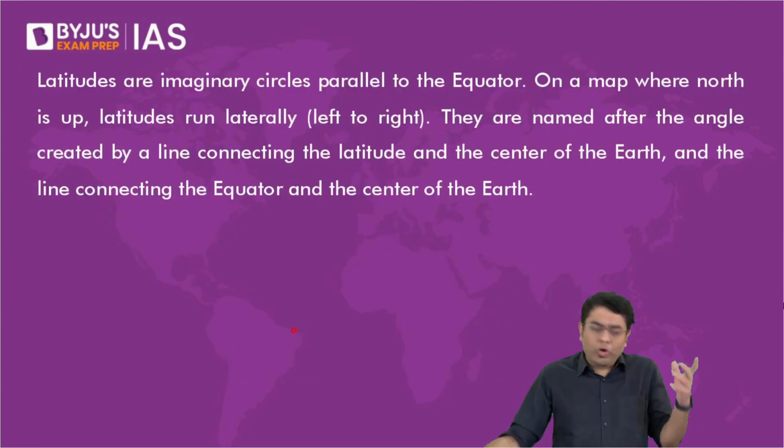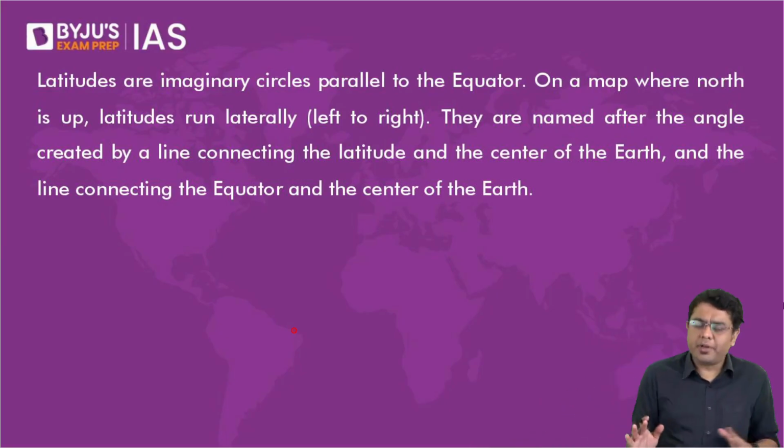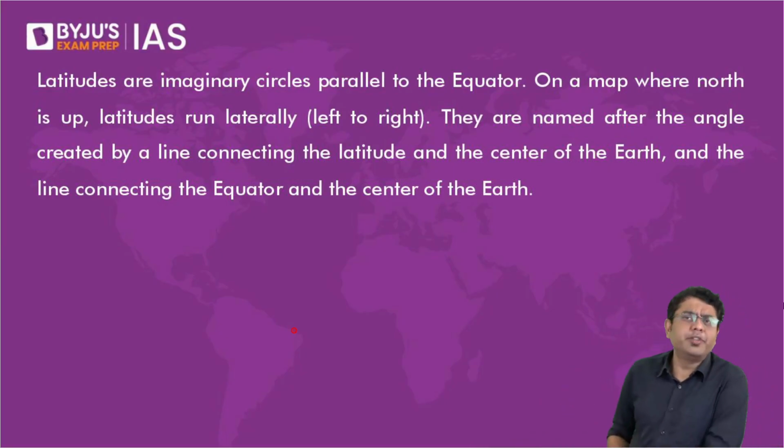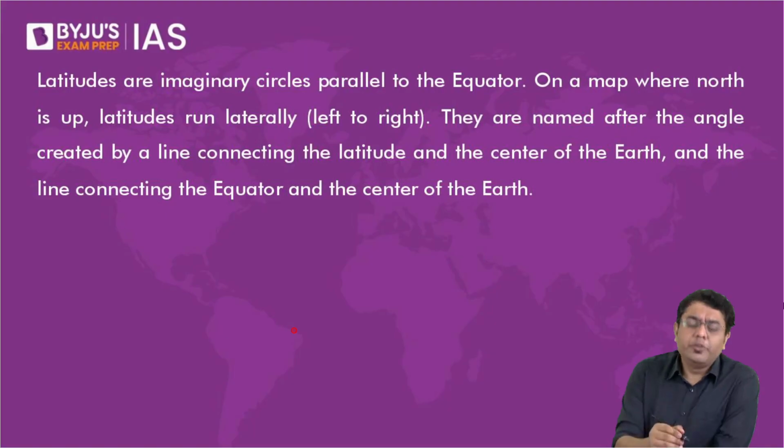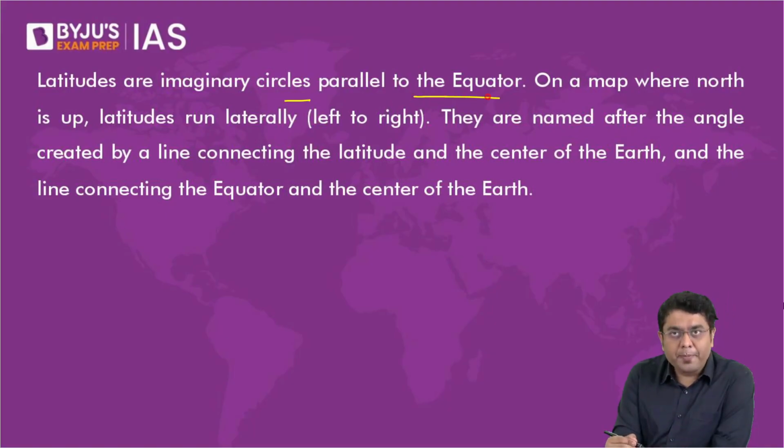But when we talk about longitude, before that, the definition of latitude, just for your reference, even though definitions are not asked in the examination. Latitudes are imaginary circles parallel to the equator. On a map where north is up, latitudes run laterally, left to right. They are named after the angle. Now, how are they named?